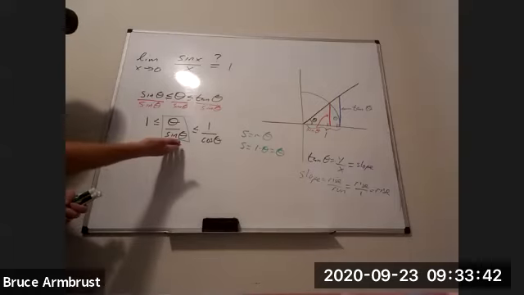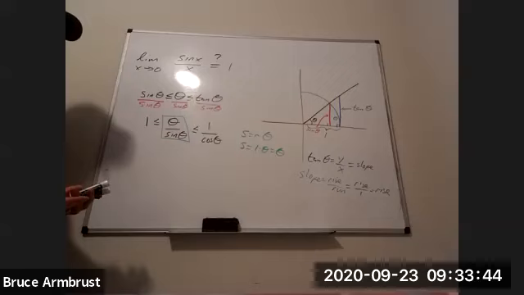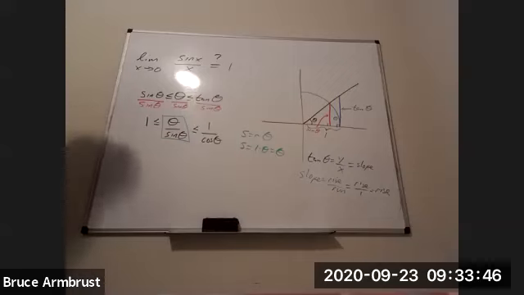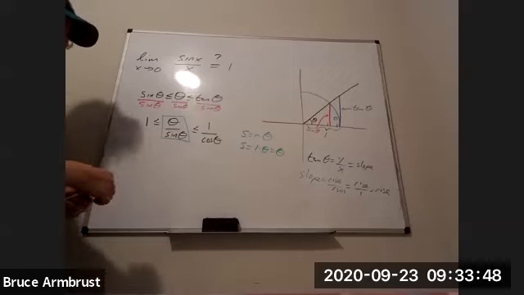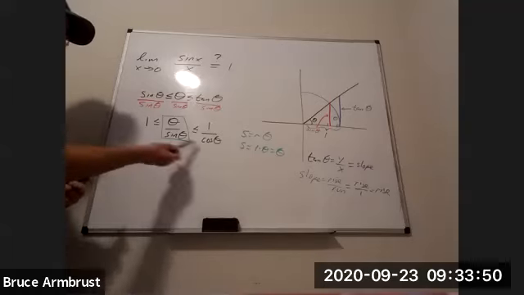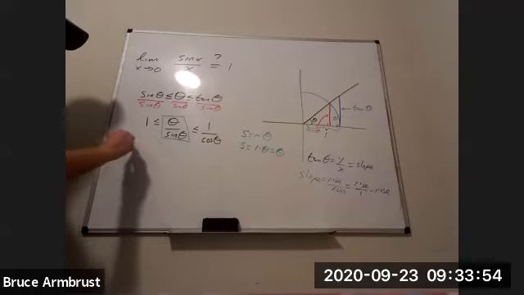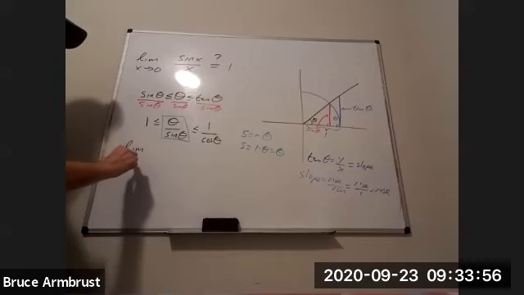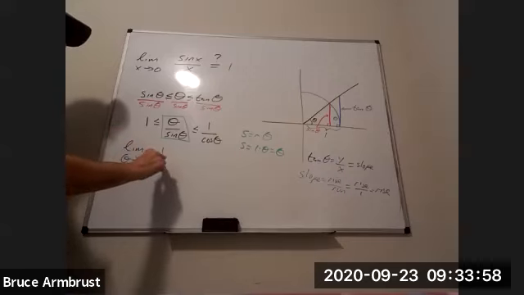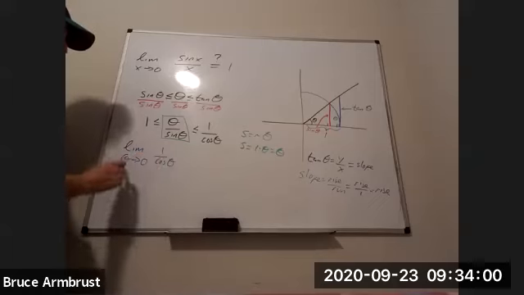So let's see if we can figure out this limit using the squeeze theorem. So basically, here's the question. Let's look at the functions that are bigger than and smaller than theta over sine theta. We've got 1 over cosine. So the question is, what happens to 1 over cosine as theta goes to 0?